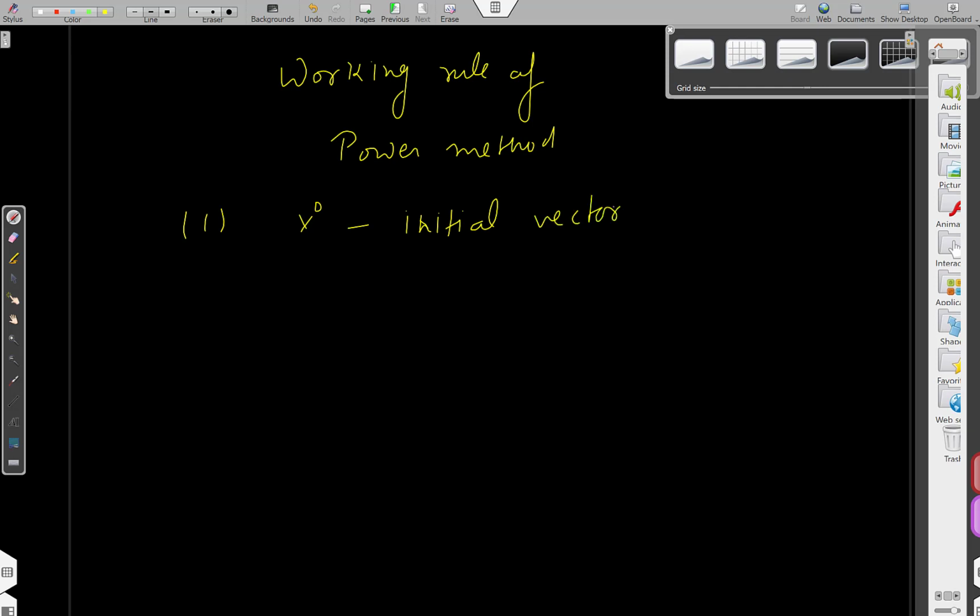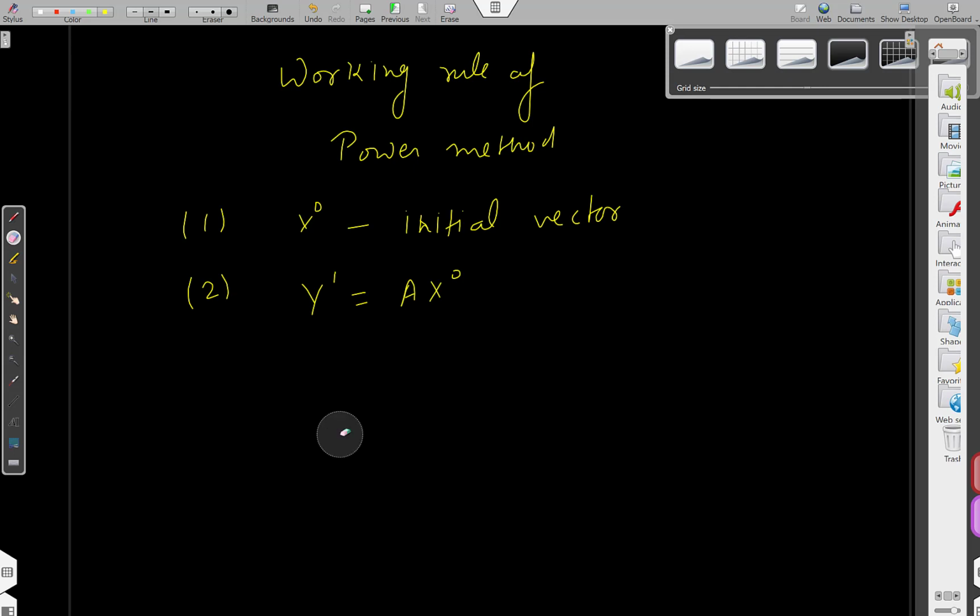How to take this initial vector? Generally we can take an initial vector containing all entries as 1, 1, 1. Second step is what? We will find y1, that is equal to A x0.